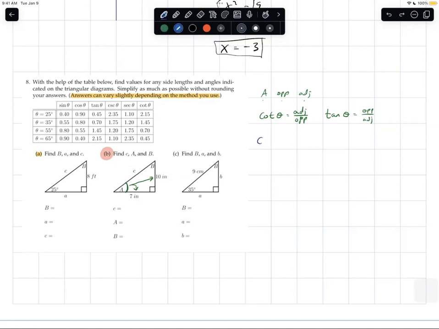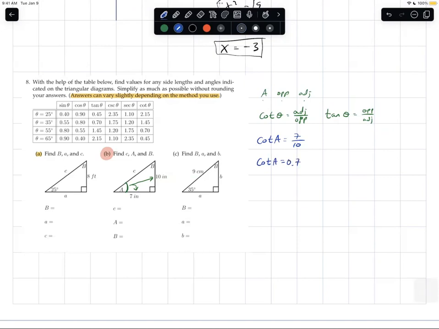The cotangent of A is equal to adjacent 7 over 10. This one is going to be the easiest, because can you tell me what 7 divided by 10 is pretty quickly? 0.7. Yeah, that's 0.7.